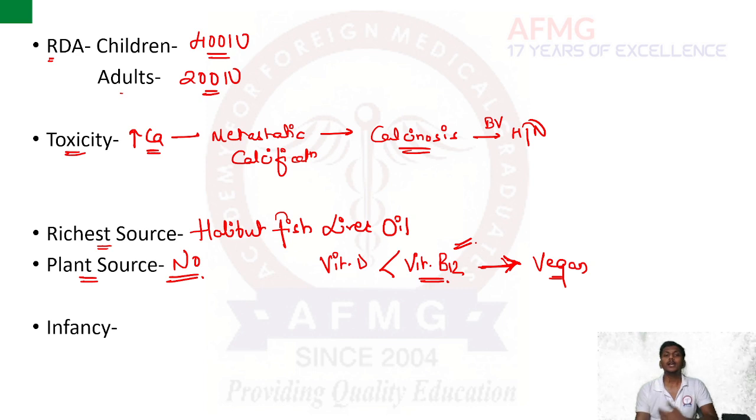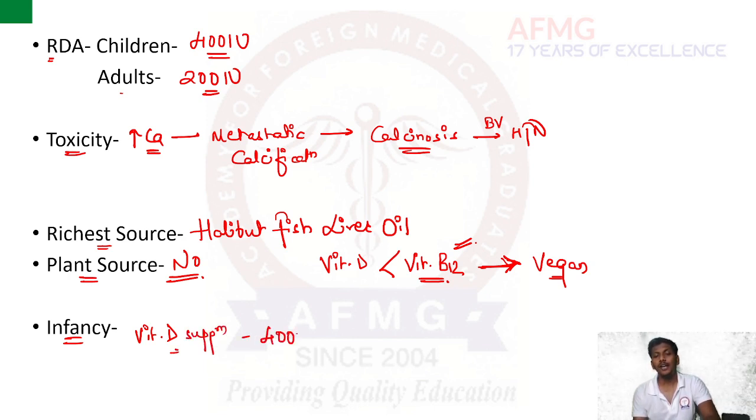Please remember this. Moving further, if I talk about infancy, as we know, vitamin D is usually deficient in milk, and therefore in India we give vitamin D supplementation to children, right? Vitamin D supplementation is given to children in India, and the dose is 400 international units. Okay, and it is given up till 1 year of age. This is important.